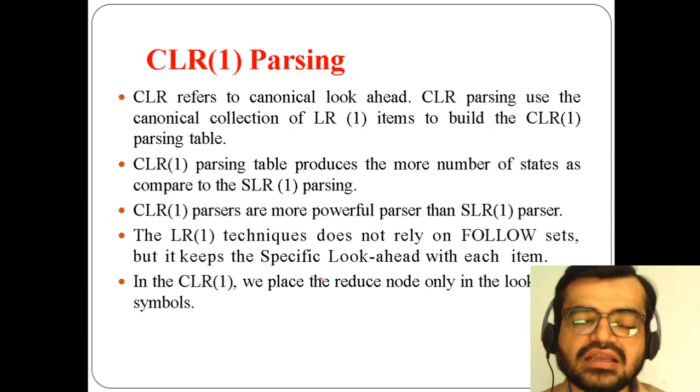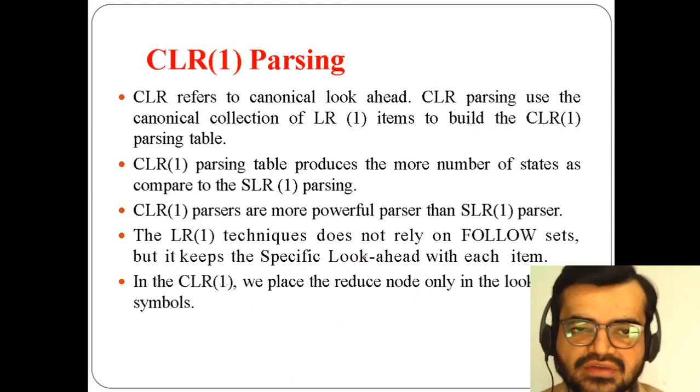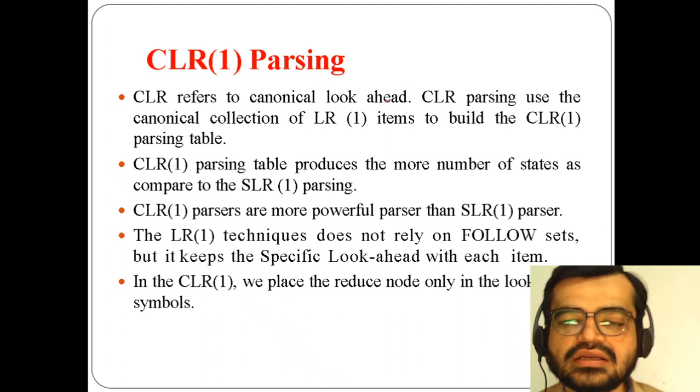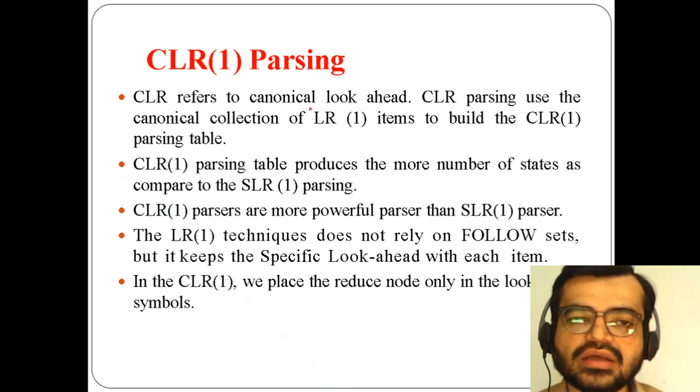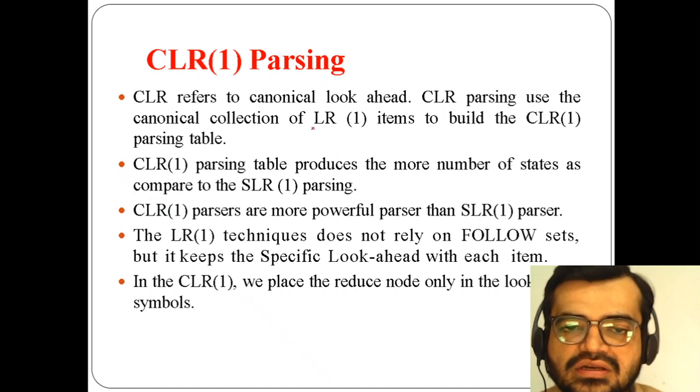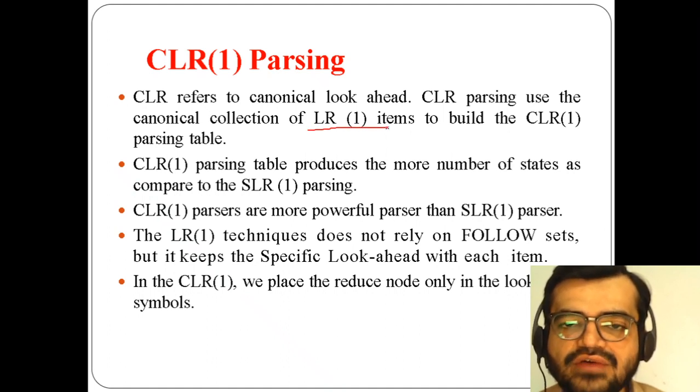Now coming to the CLR(1) parsers, which today we are going to discuss, as I said, C stands for canonical. So these are canonical lookahead parsers. What it uses is the canonical collection of LR(1) items.